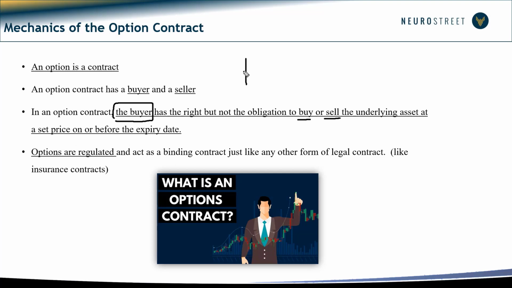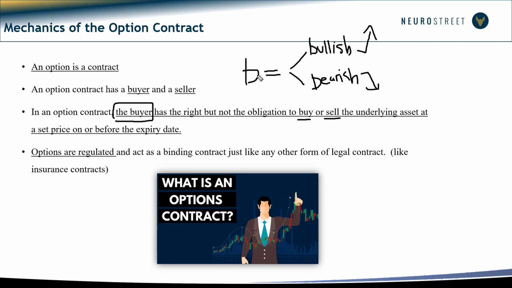So if you're a buyer of options, you can participate in bullish options, which means you're expecting the stock to rise in value, or you can take advantage of bearish options, which means you're expecting the stock to drop in value.